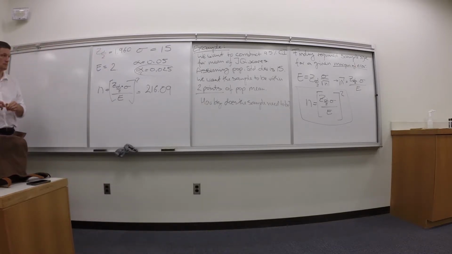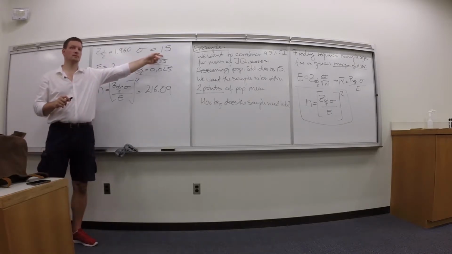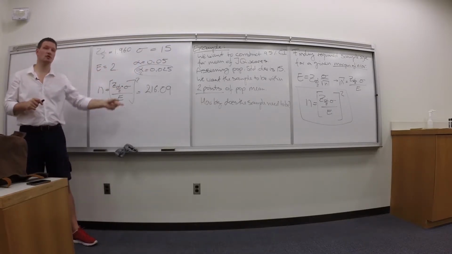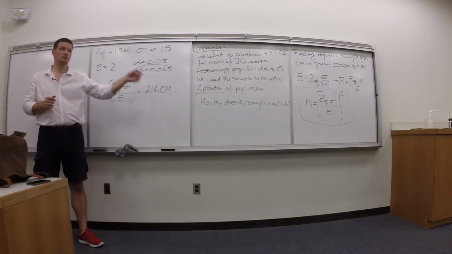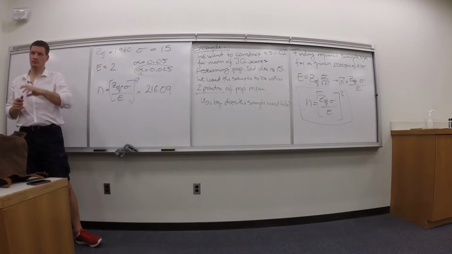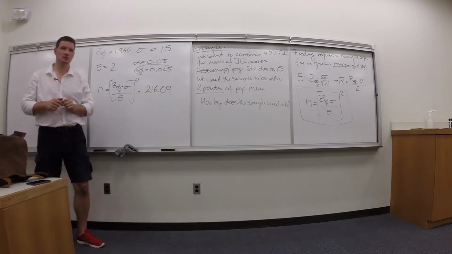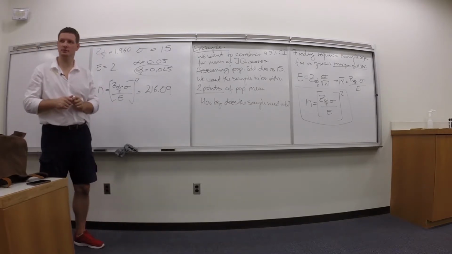So it's 1.96 times 15 divided by 2, and then the whole thing is squared. That's correct. So this is the answer to the question. It'd be 217, yes, because you can't have a fraction of a person.